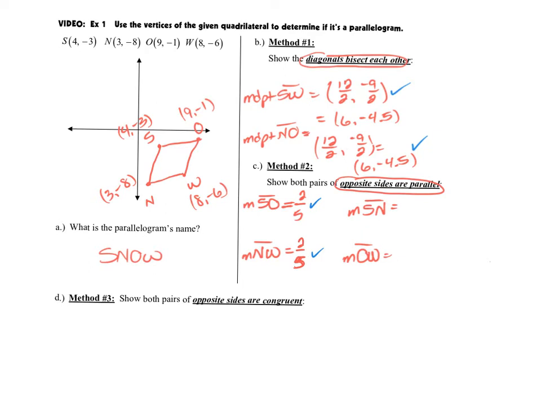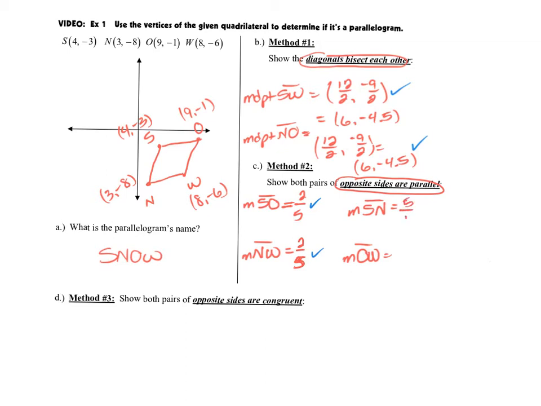Now I can't stop with one pair of opposite sides. I have to do both. So I'm going to go on and check SN. Now, I will say if these had been different, we technically could stop, but it's always good to go on and keep checking because maybe you made a mistake. So it's worth just looking at. So SN, we're going to do -3 minus -8, and that's going to give us a 5.